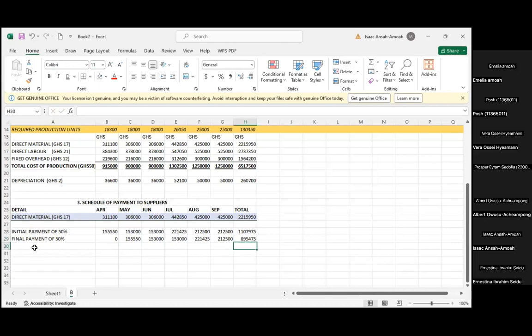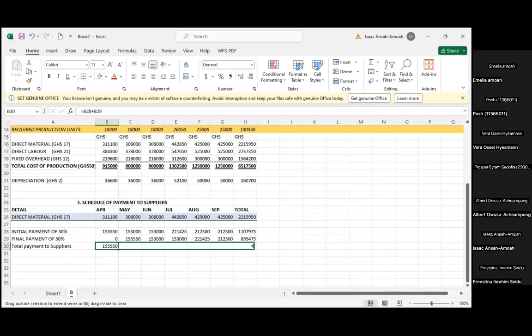So we want to look at how much we paid to suppliers. So total payment to suppliers. The total payment to suppliers will be additions of the initial and then the final payment. The initial and then the final payment. So we're adding 15,000 to whatever figure that we have here. Is it 15,000? 5,555,020.